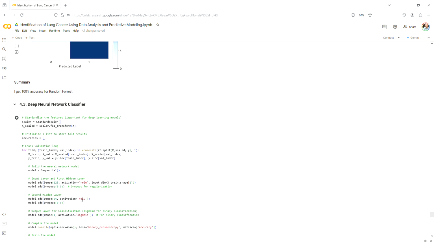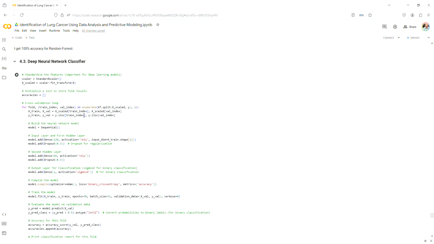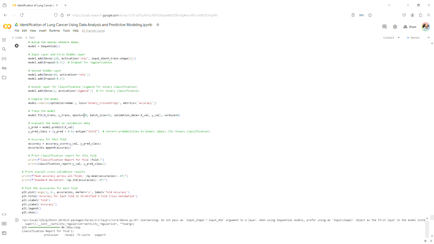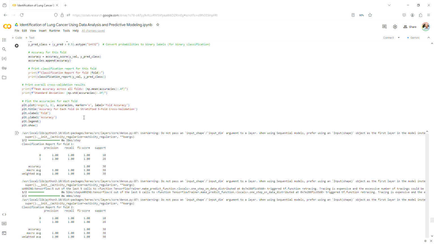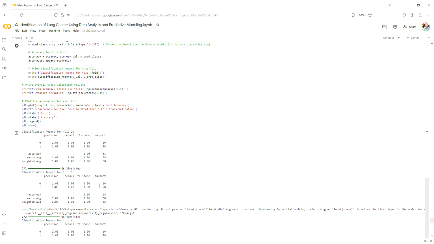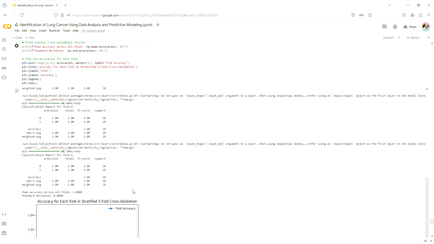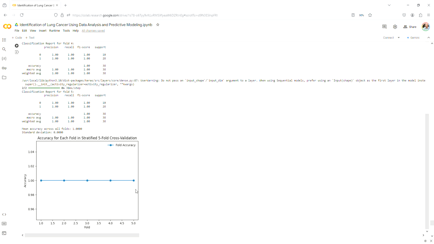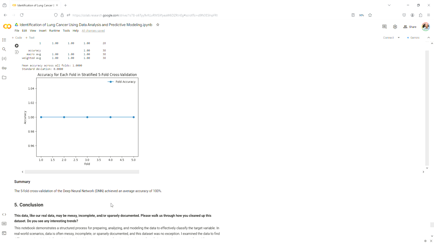So I used a deep neural network with k-fold cross-validation, and again I got 100% accuracy. So I thought the feature space is what makes it 100% accurate. That is another question we can explore later: what makes the people who didn't survive very unique compared to the people who survived. But for now, for the classification model, I think this is good.